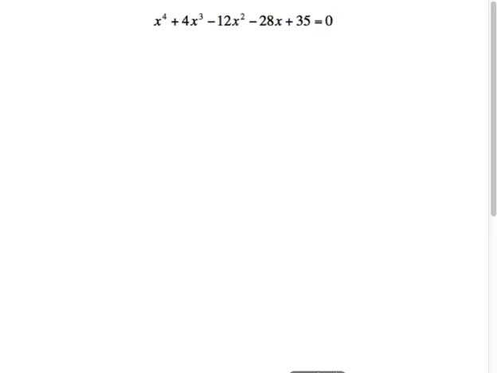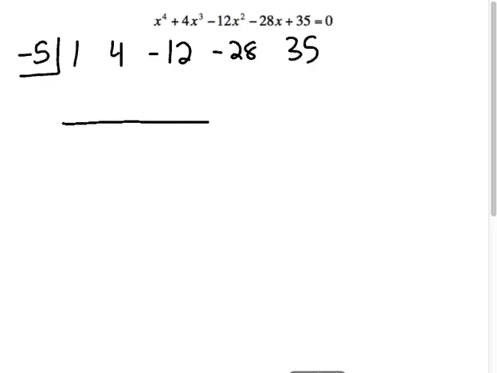So let's go back and start this process. So we've already talked about how -5 worked, okay? -5 was a solution. So we're going to use synthetic division to pull it out.